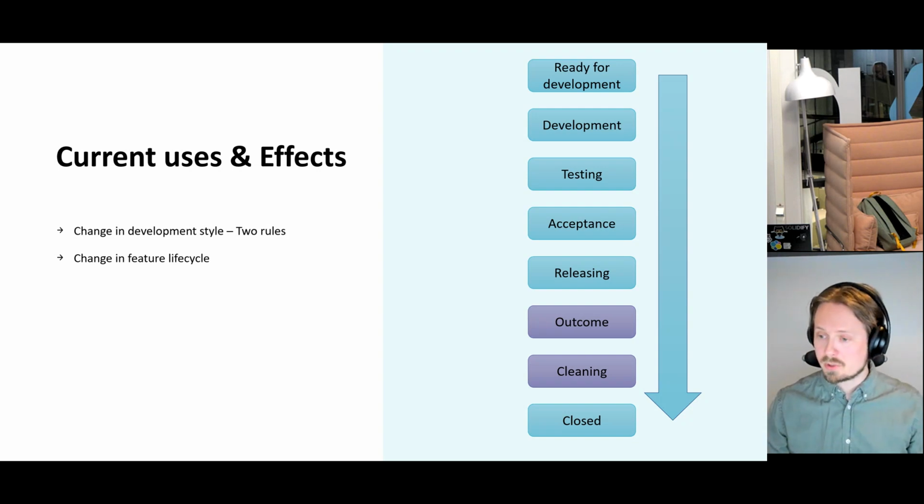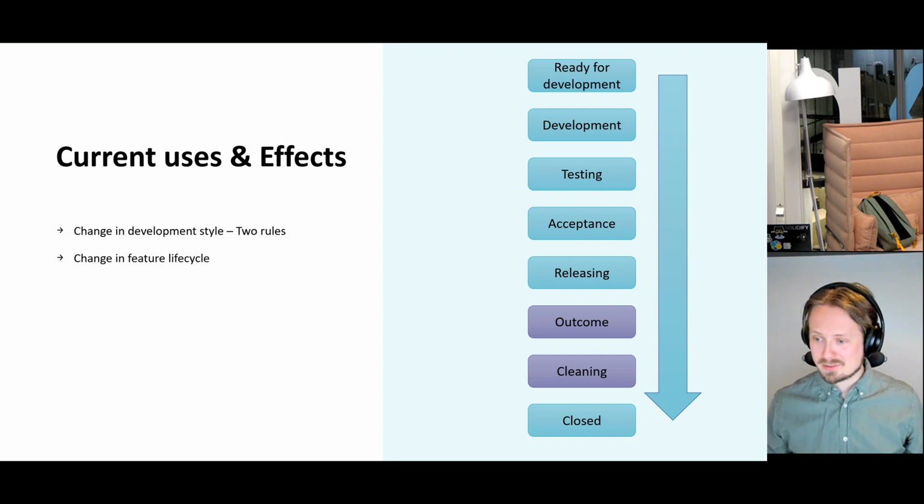Then after we are satisfied with the outcome measurement, we have a stage of cleaning. Here we go through the code base and remove all traces of the feature flag. This is to ensure that we do not have any feature clutter, that we do not have a bunch of feature flags living too long, or developers having to handle too many feature flags at once in the code base.